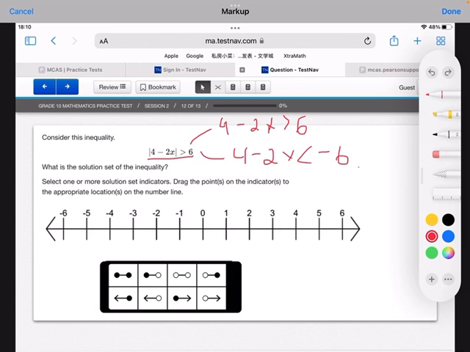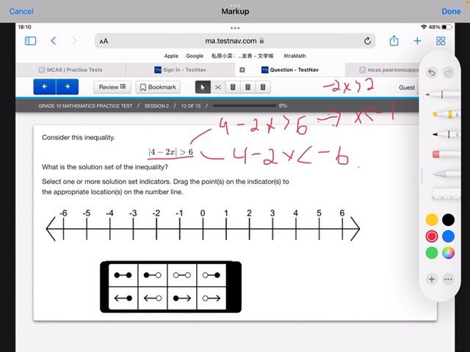But if we solve this one, it becomes, let's see, negative 2x is greater than 2, so then you have x is less than negative 1.